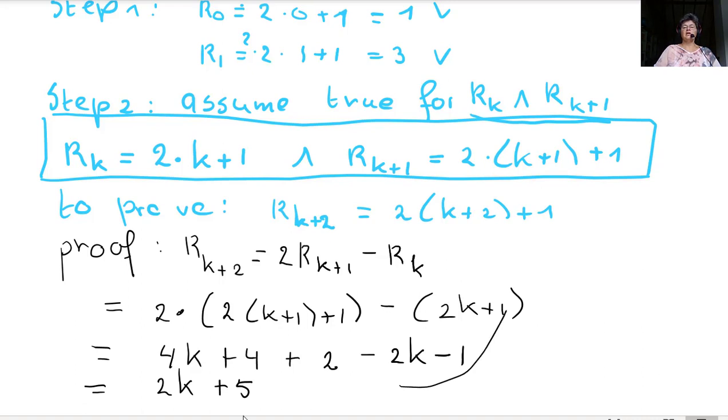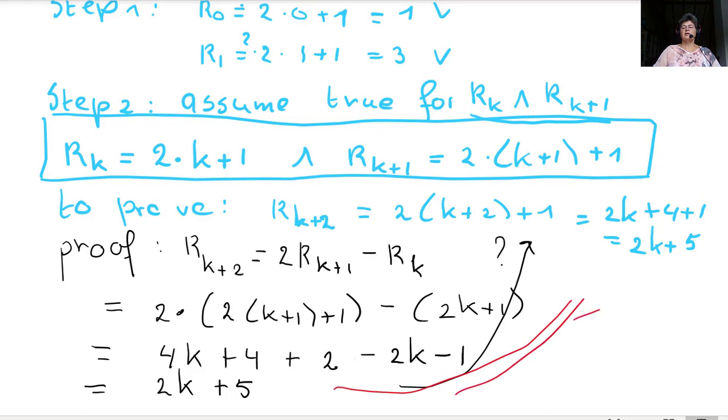Okay, is that the same? Now let's see. 2 times k plus 2 gives us 2k plus 4 plus 1 gives us 2k plus 5. And indeed, now we have an exact match.